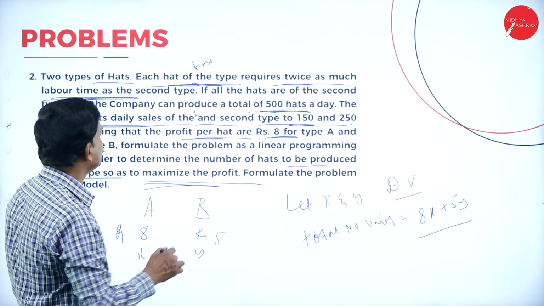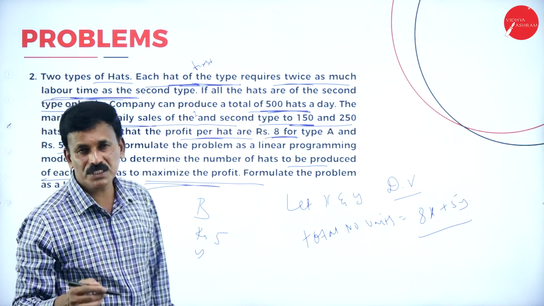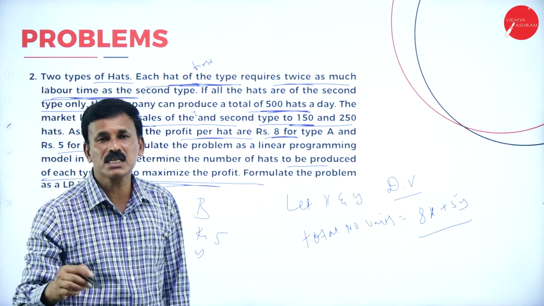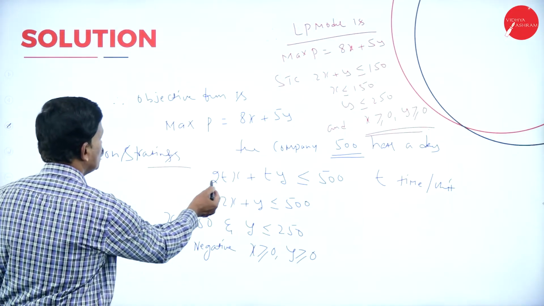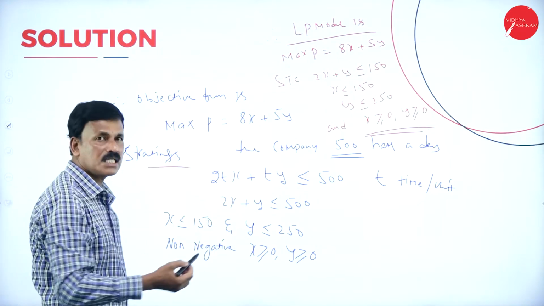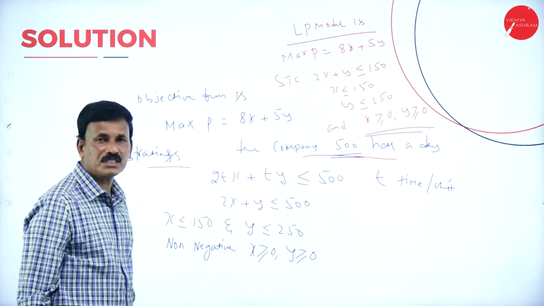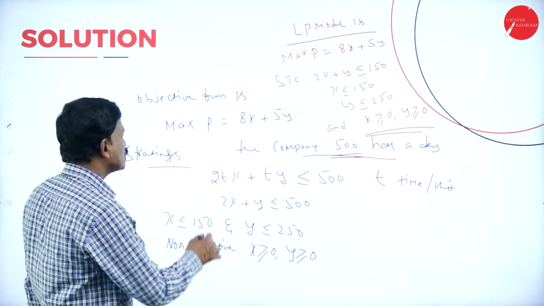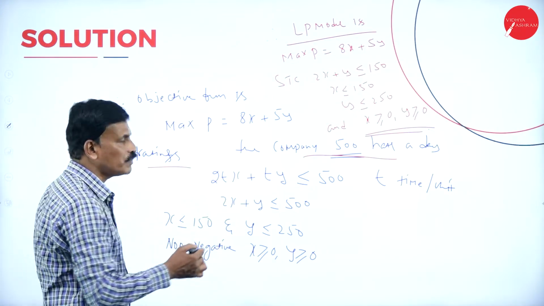The time taken for manufacturing the first is 2 times that of the second. So this can be put in the form 2tx plus ty less than or equal to 500, because the company can manufacture 500 hats per day. That is the maximum availability. So T is the time per unit.